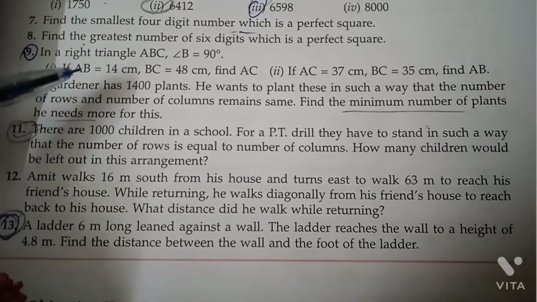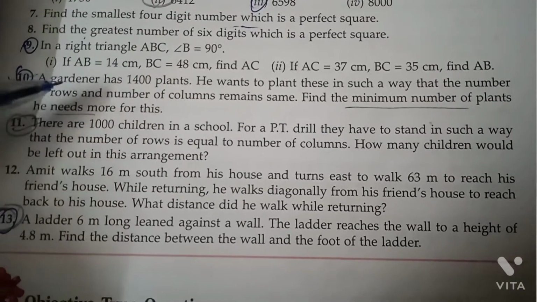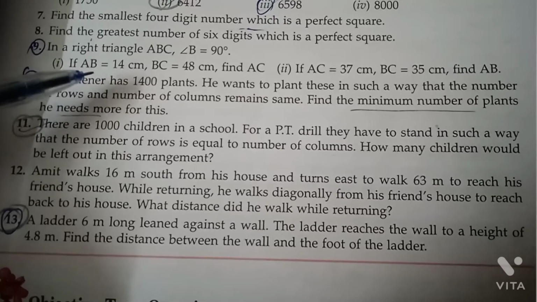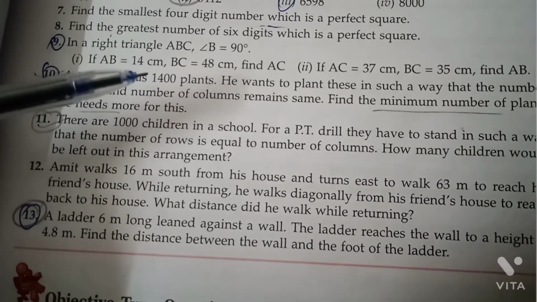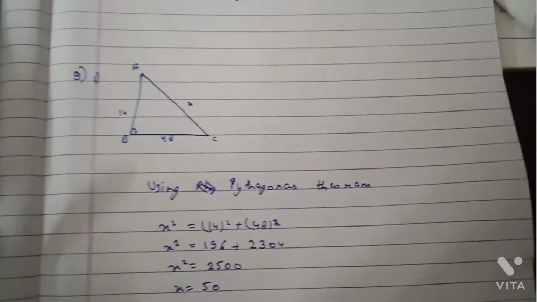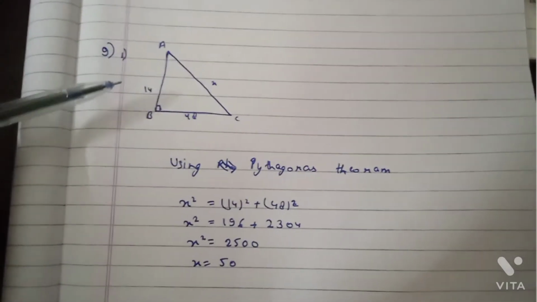In a right triangle ABC, B is equal to 90 degrees. If AB equals 14 centimeters and BC equals 48 centimeters, find AC. So let's see. Here we have made a rough triangle.